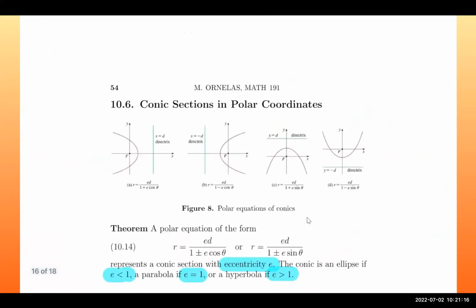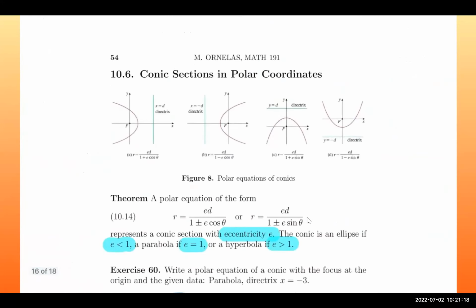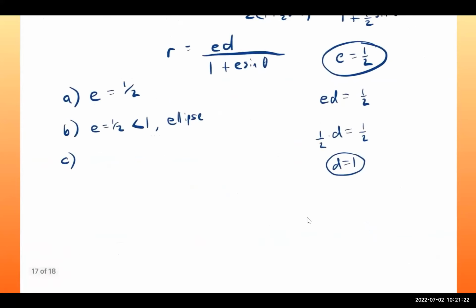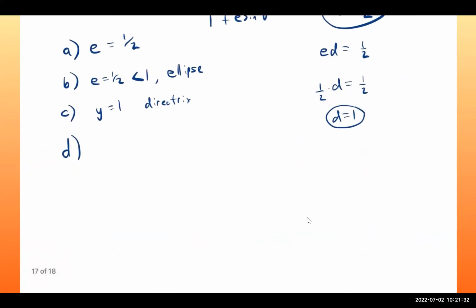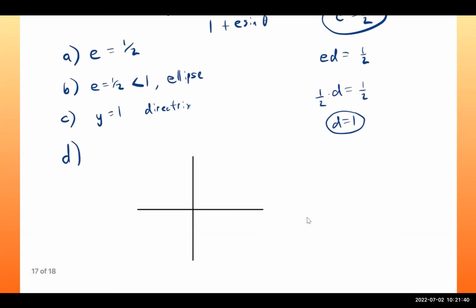Part C wants to know the equation of the directrix. Going back, the equation of the directrix for this one is y equals d. d is 1, so y equals 1 is our directrix. And lastly, we need to sketch. You can just draw the coordinate plane.